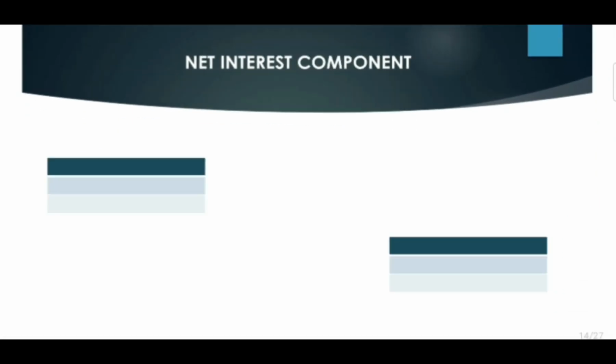So first we will discuss each and every component. First it is about net interest component. It shows a change in net obligation or asset. If there is an interest on plan asset, it will be credited to profit and loss, and the entry would be passed as debit plan asset and credit interest, in case of interest on plan asset.